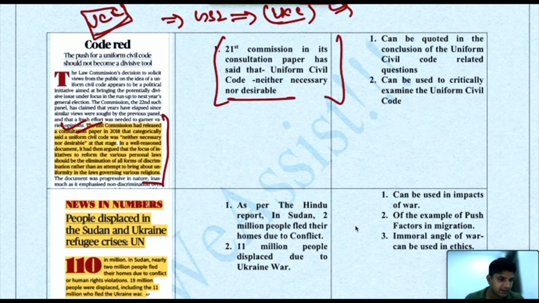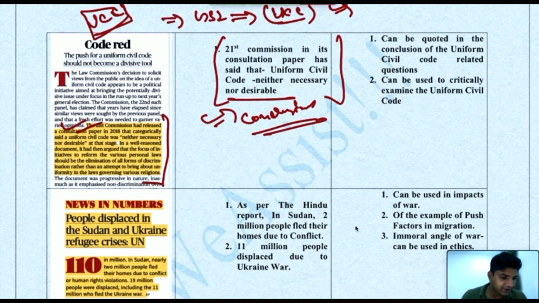So this information can be used as a conclusion when we are giving arguments in favor or against the uniform civil code. Second, the Law Commission's decision to solicit views from the public on the idea of a uniform civil code can be used as context in the introduction.